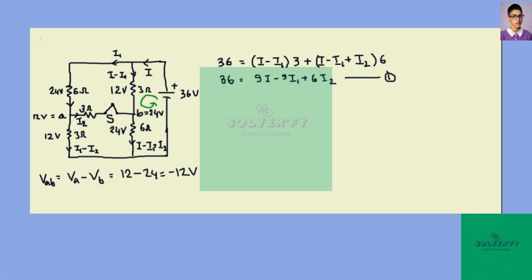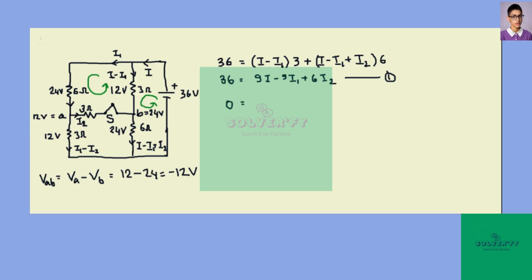Now let us look at the another loop, this one. Let me draw this in green, that makes it easier. Okay, this inner loop, the top left loop. For this loop there is no potential drop, so 0 on the left hand side.